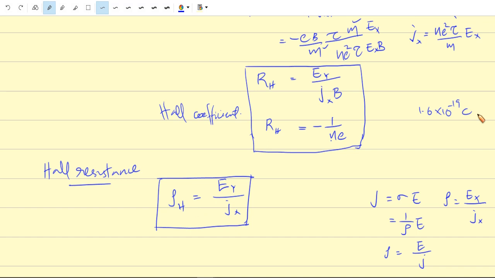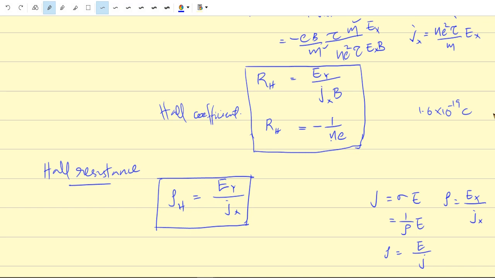So today we have discussed a charged particle in electric and magnetic fields. We have found the expression for the drift velocity components. Then we discussed what the Hall effect is. Then we obtained the expression for the Hall coefficient: Hall coefficient is equal to Hall field divided by current density into magnetic field.